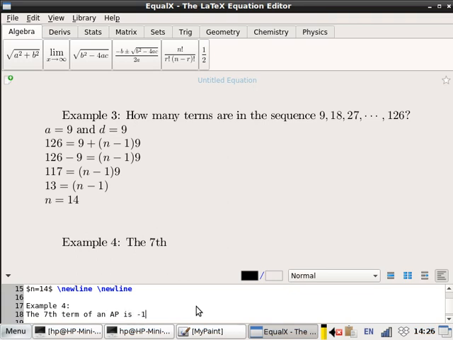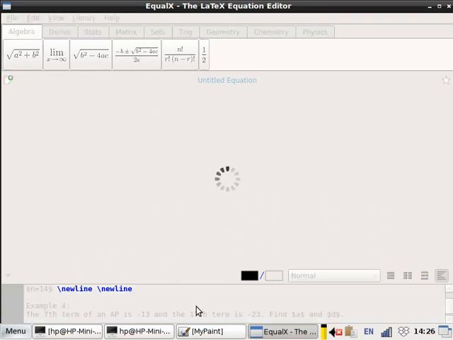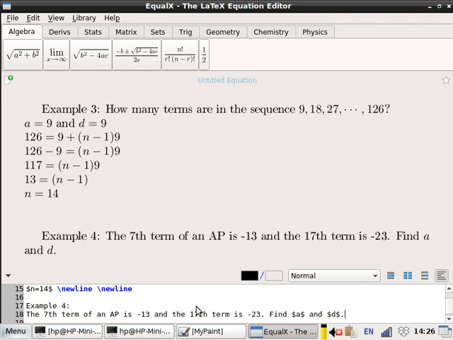Minus 13, and the 17th term is minus 23. Find A and D. Yeah, that looks okay.